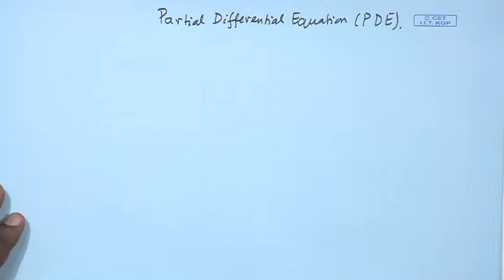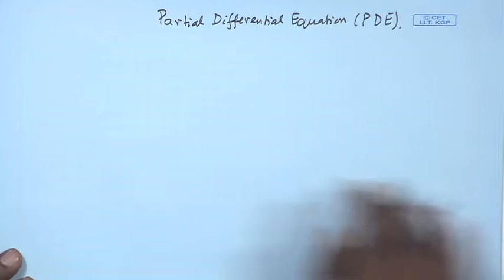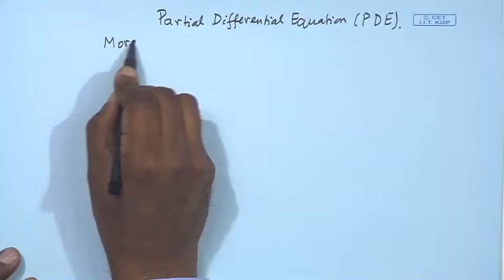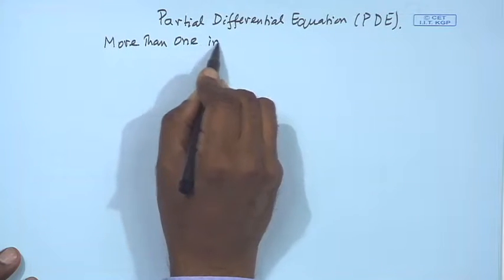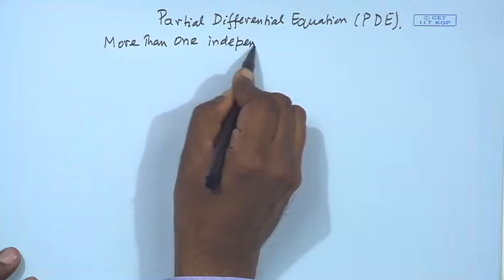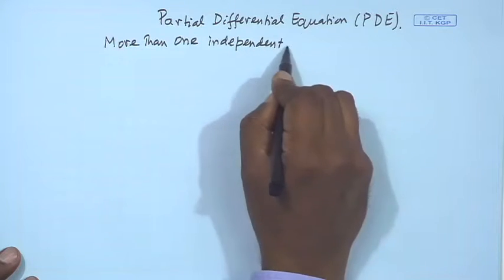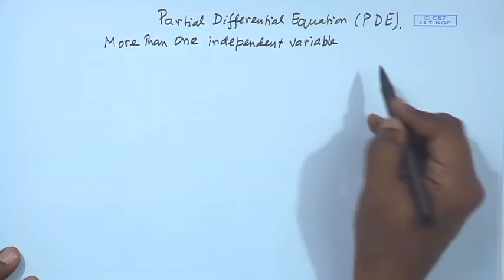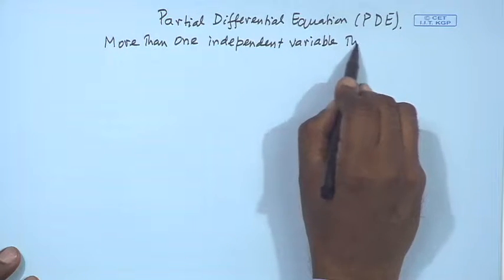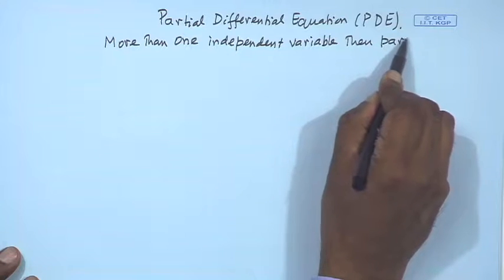When the variables are functions of more than one independent variable, then in that case we get partial derivatives.